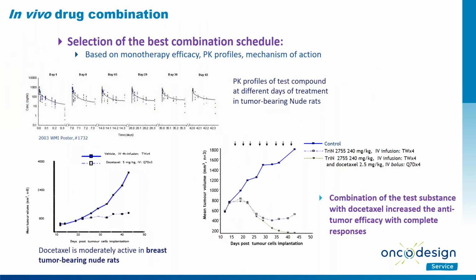After that, when we have different proof of efficacy of the compound, the question is how to combine the compound with the standard of care to expect entering into the clinic.